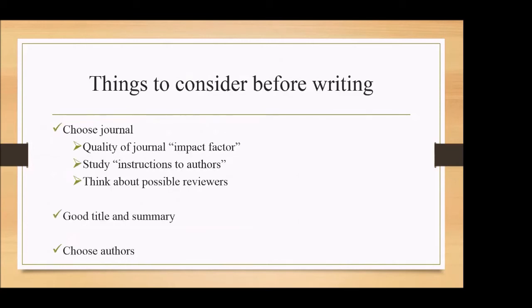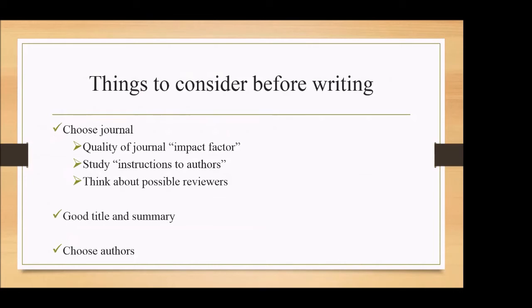Okay, so things to consider before writing. Let's say I want to write an article for publication. What should I do? First, I have to choose a journal. How can I choose a journal?